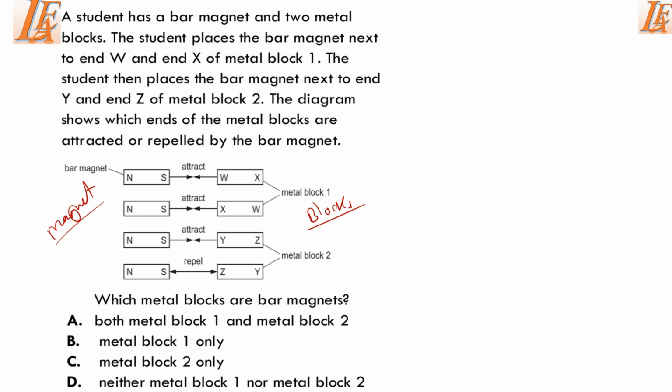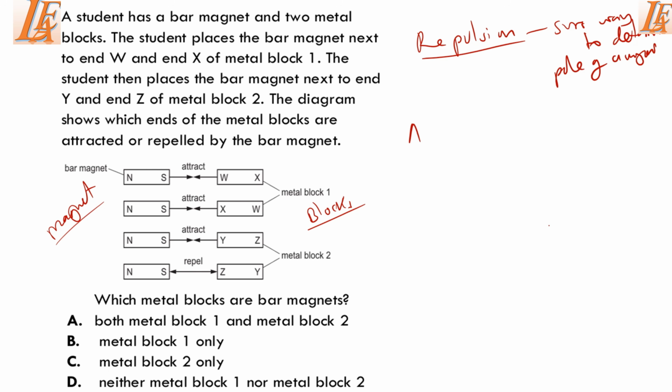But before we proceed, I want you to note something. For you to detect the presence of a magnet, we use what we call repulsion. We use repulsion to determine the polarity of a magnet. So this is the sure way to determine the pole of a magnet.